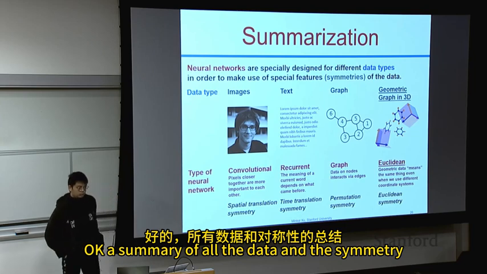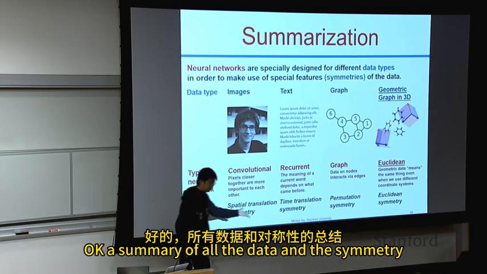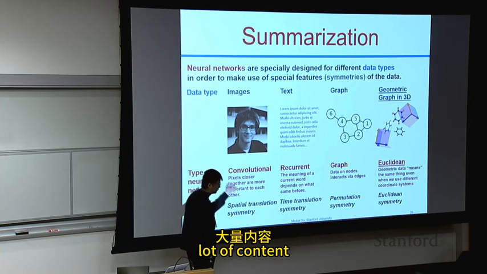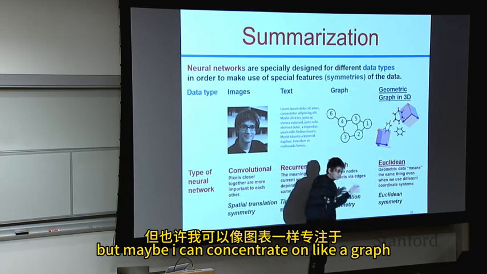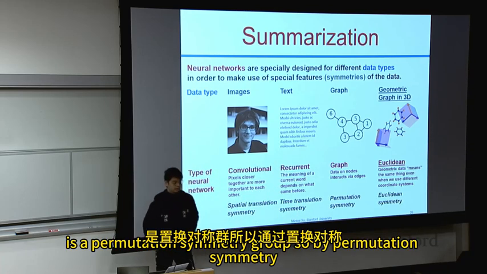Okay, a summary of all the data and the symmetry we need to consider. There is a lot of content, but maybe I can concentrate on a graph to make some analogy. A graph has a permutation symmetry group.